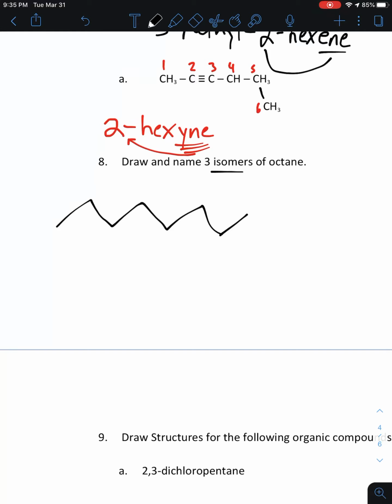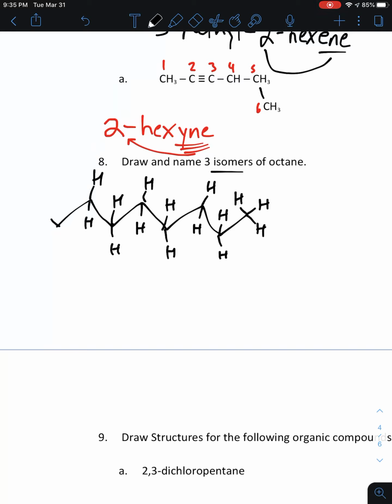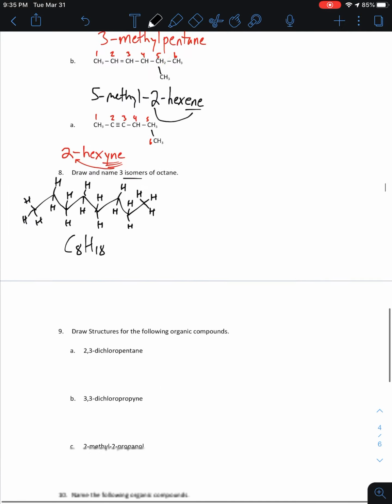I'm going to give you an example of one octane, and that would be with saturated hydrogens, each of the carbons having its maximum amount of hydrogens. And that would be C8H18. If you don't believe me, you can count the hydrogens up. That would be octane there.